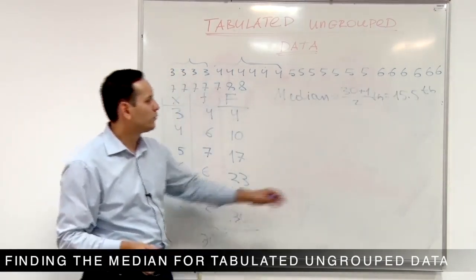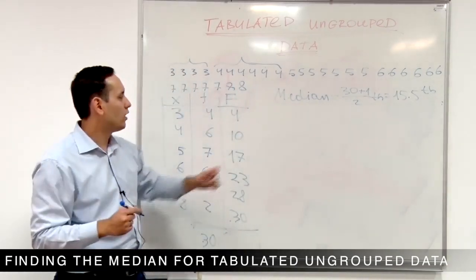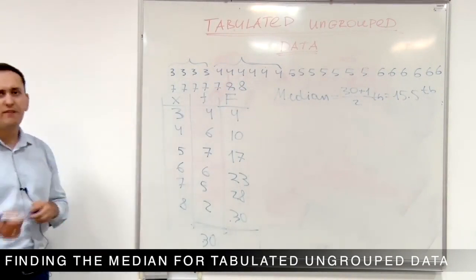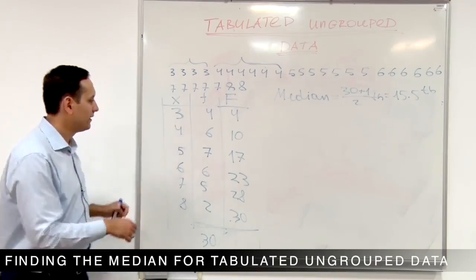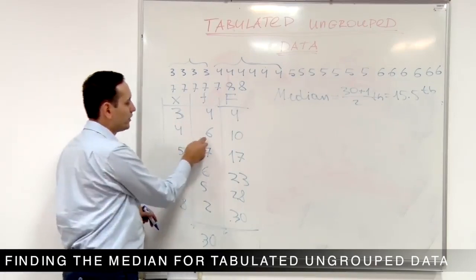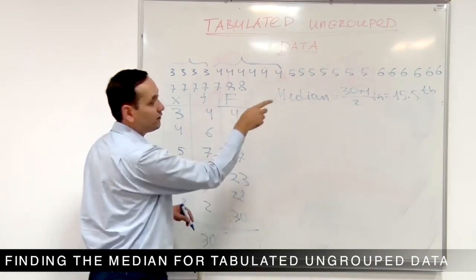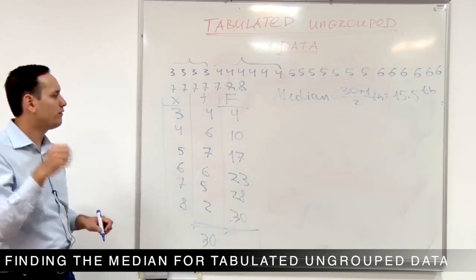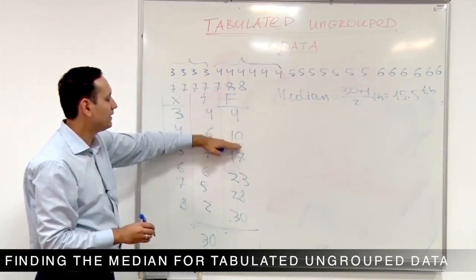As we know from the previous example, we found the order of this median, which turned out to be the 15.5 value. We have 4 3s, we have 6 4s. Together, there are 10 values. What we need is the 15.5 value. So what is that 15.5 value? It's not in this group, it's not in this group.